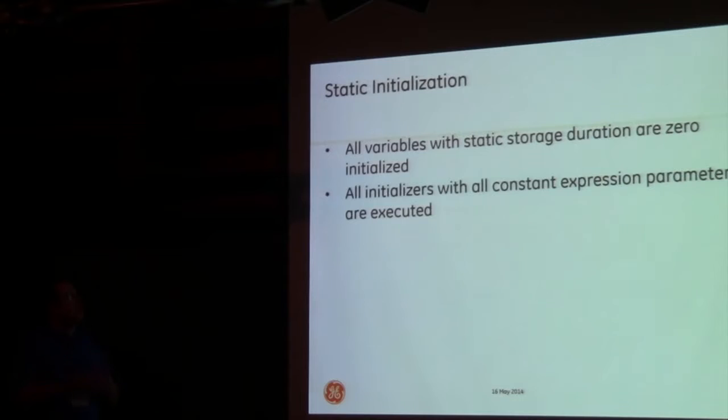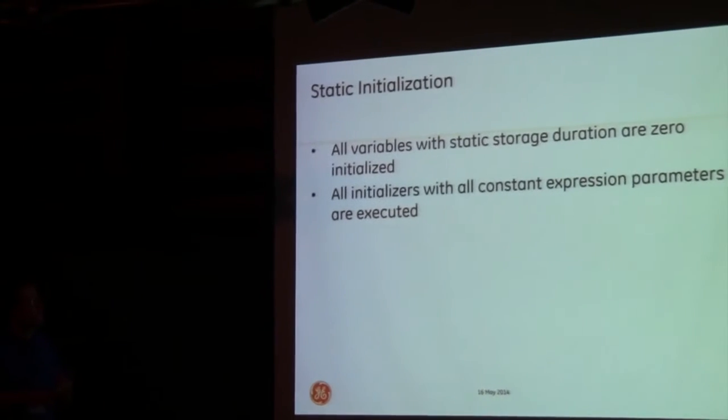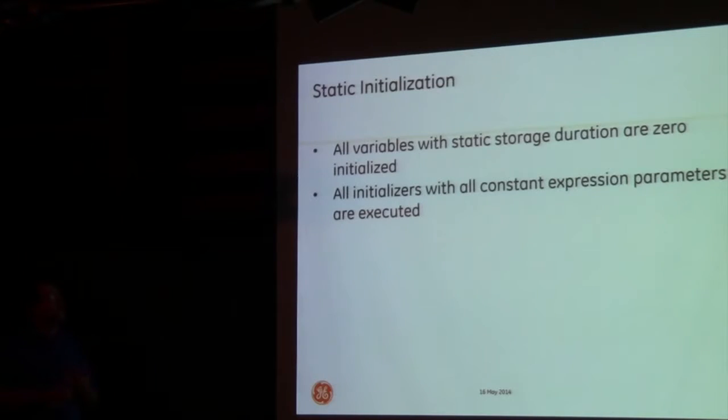So all variables with static storage duration, the first part of static initialization, are initialized to 0. All padding bytes are initialized to 0. All data bytes are initialized to 0. And then after 0 initialization, you have the rest of static initialization, which is the constant expressions, integer constant expressions, constexpr, and other things like that are written, whatever the value of those is written over the 0 that's been initialized.